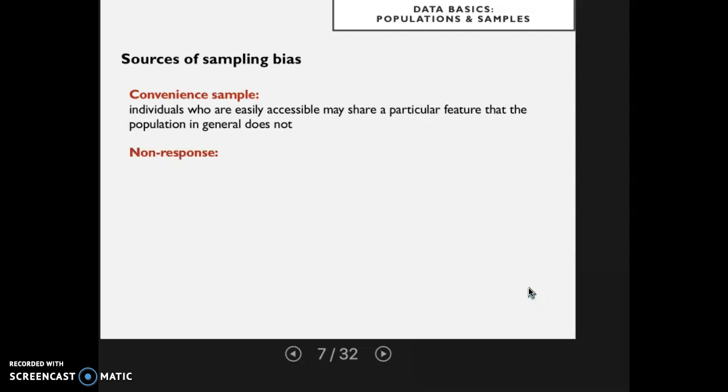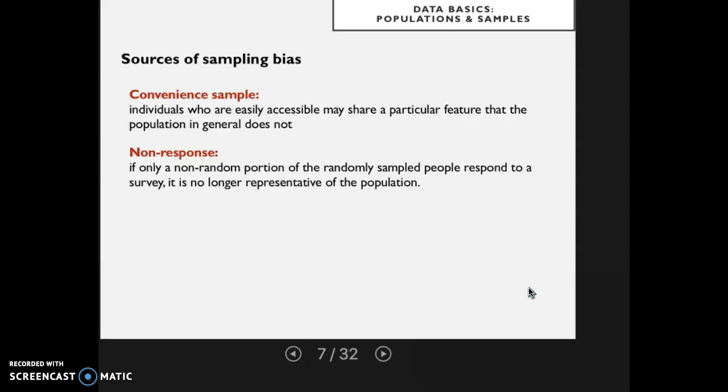The other source of sampling bias is non-response. If only a non-random portion of the randomly sampled people respond to a survey, for instance, it is no longer representative of the population. Here's one example. Imagine you find a way to randomly select a number of elderly people in Cincinnati to respond to a survey because you want to generalize your results to elderly in Cincinnati.